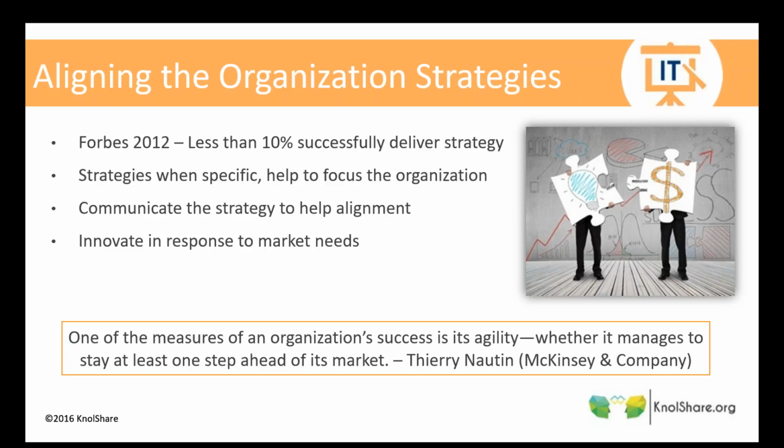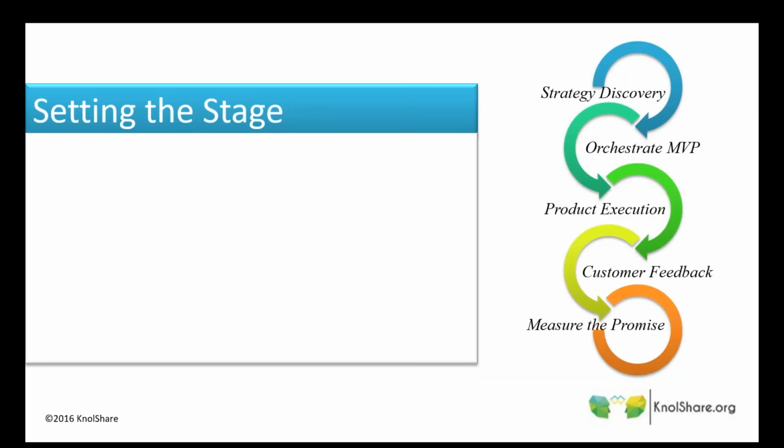So when we think of strategy and we're building portfolios, our key goal is to make sure that agile practices are essential to what we're doing, and we're building that culture of collaboration and innovation. I want to set the stage to make sure that we're on target for what we're doing.